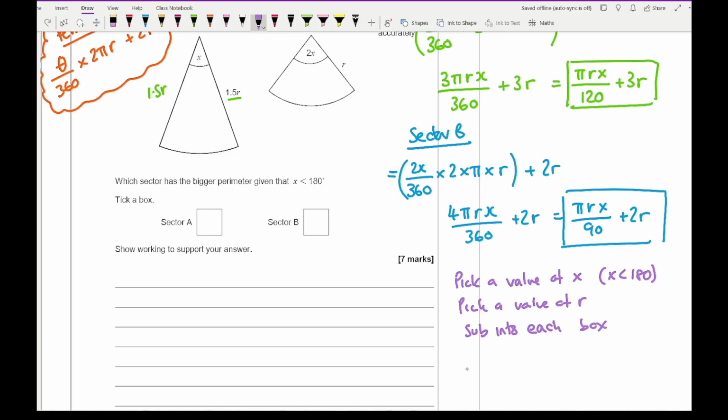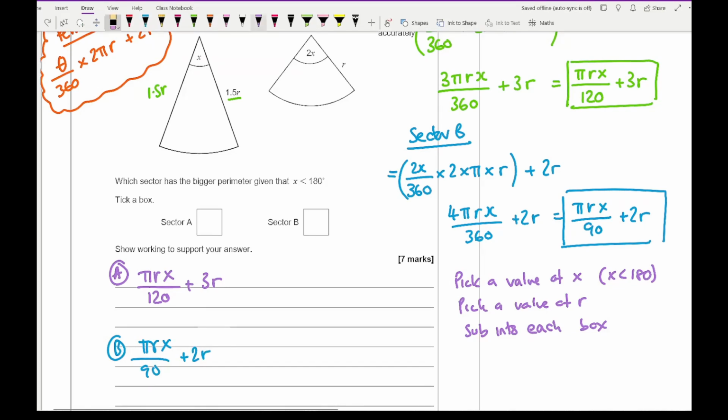Now if you didn't want to go for that option, let's say you want to prove it algebraically. So if I just write A here and let's write down what A was. So that was pi rx over 120 plus 3r, and B was pi rx over 90 plus 2r.